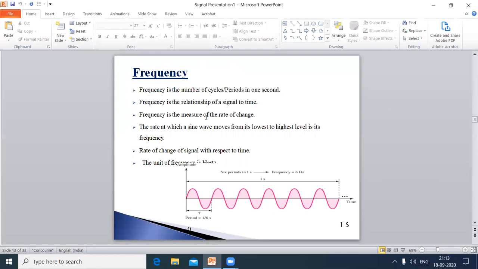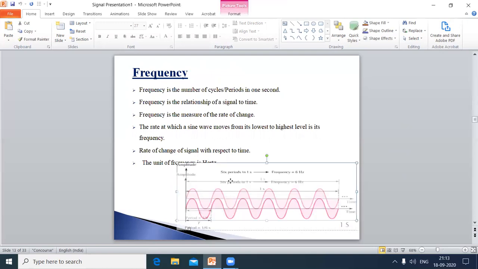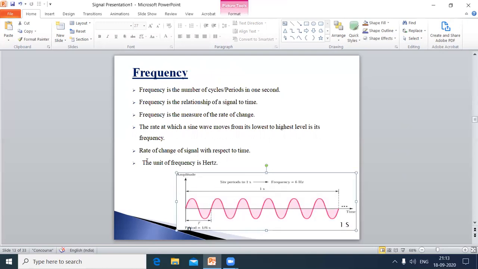Frequency is the measure of the rate of change. The rate at which a sine wave moves from its lowest to highest level is frequency. It is the rate of change of a signal with respect to time. The unit of frequency is hertz.